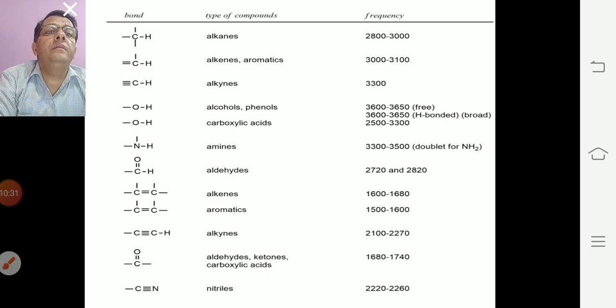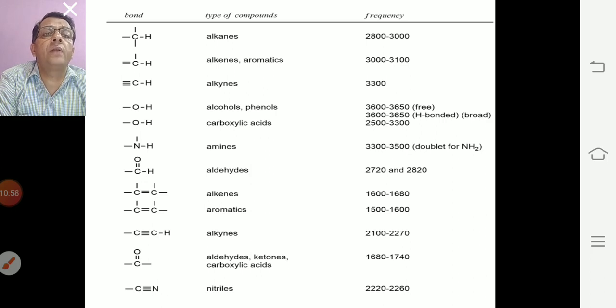In the case of amine, the NH stretch is recorded at 3300 to 3500, and for aldehyde, it is recorded at 2720 to 2820. Alkene C double bond C is recorded at 1600 to 1680.